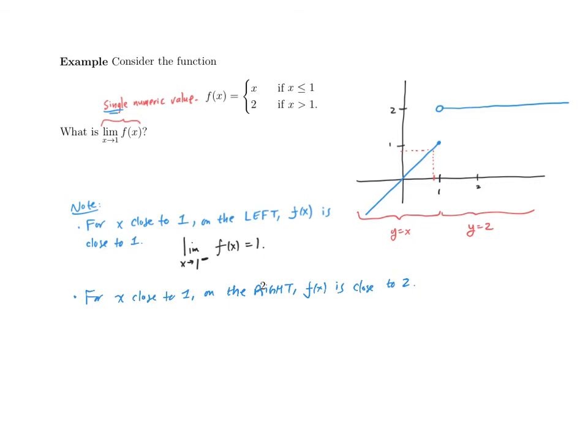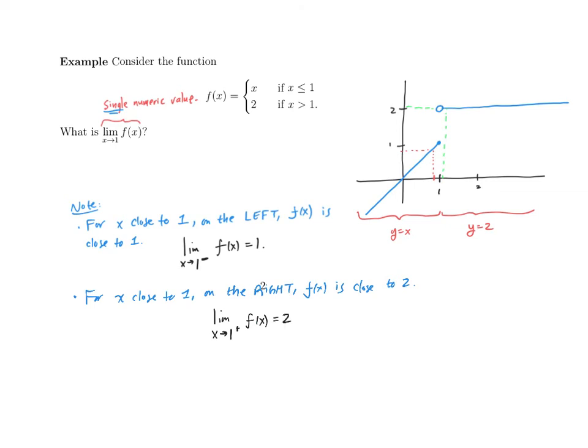If you look a little bit to the right of 1, that function output is going to be close to 2 because it is precisely at 2. And in terms of symbols or notation, we would say the limit as x approaches 1 from the right of f of x is equal to 2.